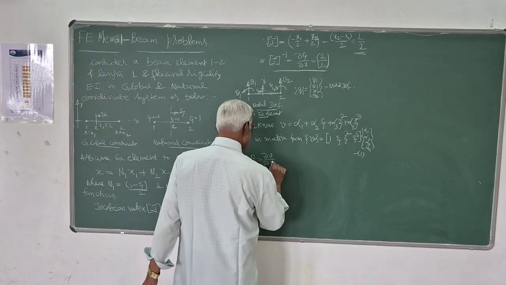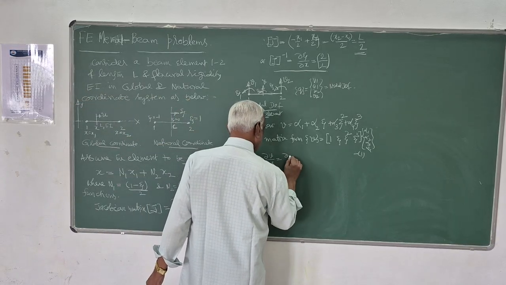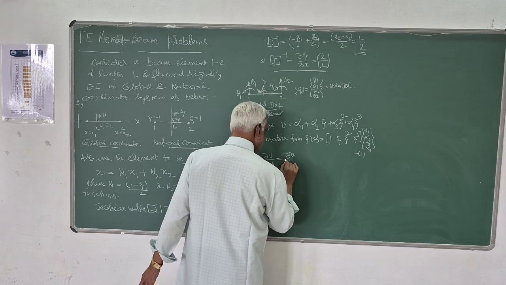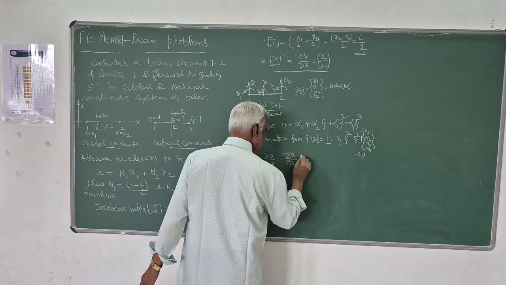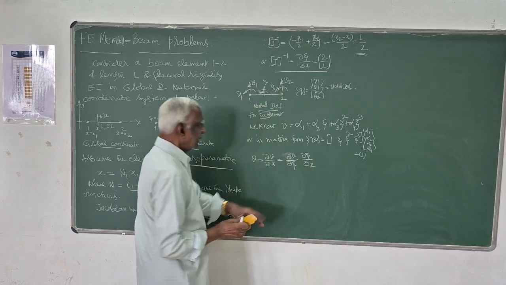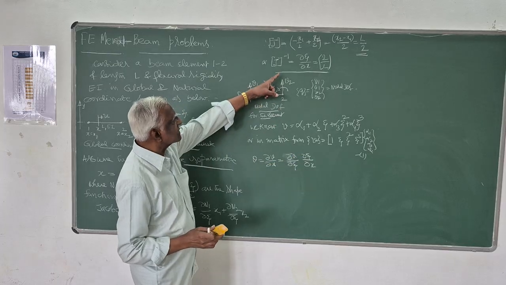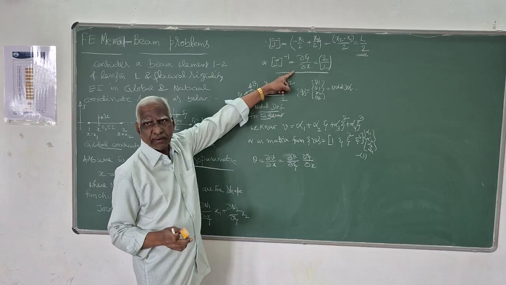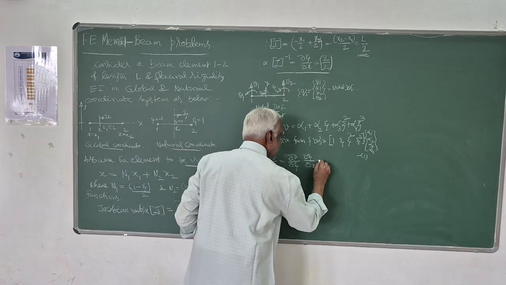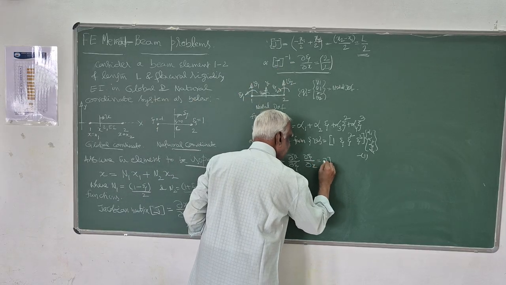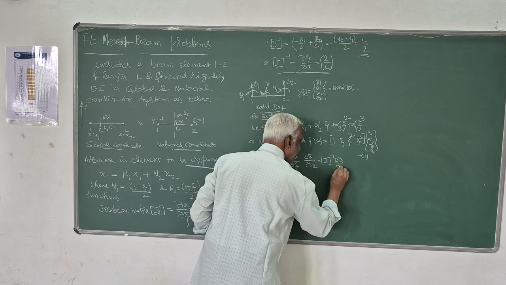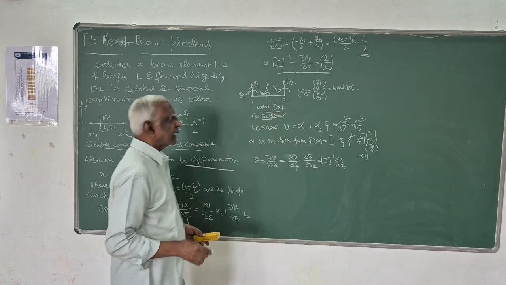So this is nothing but Jacobian inverse, that is, I can write it as delta V by delta xi into delta xi by delta x. This delta xi by delta x is nothing but Jacobian inverse, which I have already derived. So this is nothing but Jacobian inverse into delta V by delta xi.